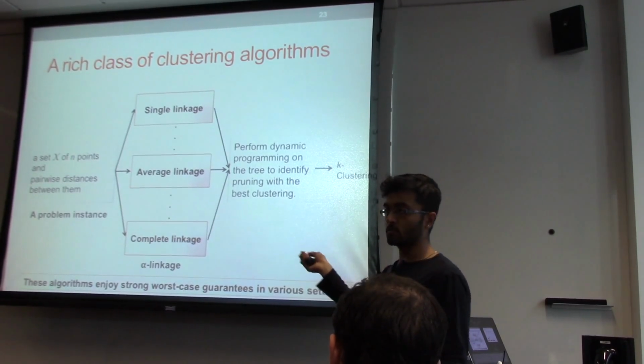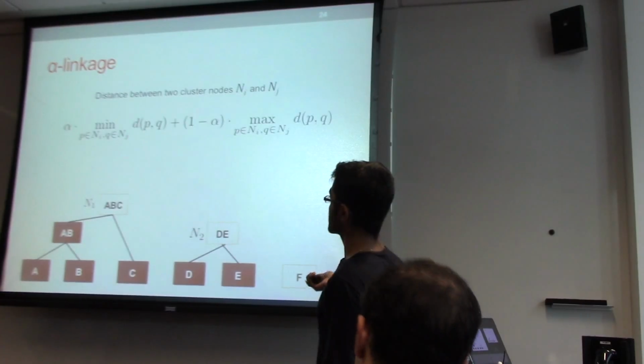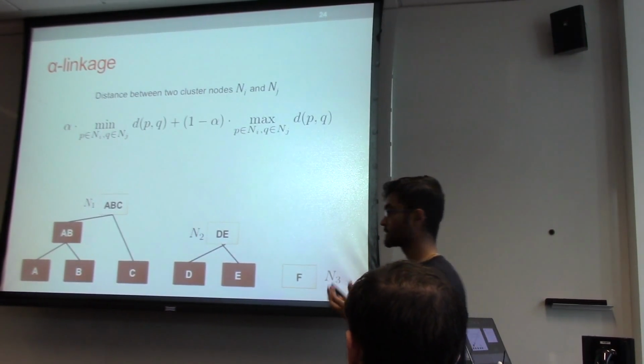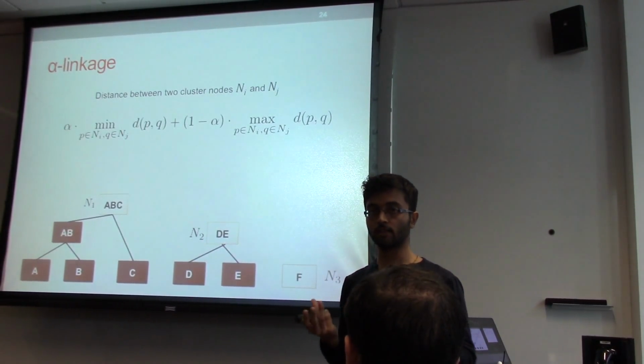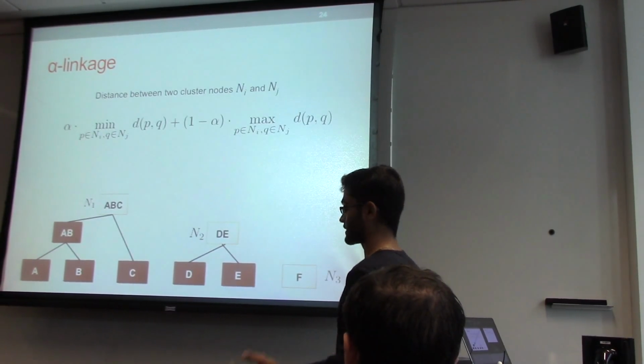So I'm going to define what I mean by alpha linkage exactly, which is an interpolation between all of these. First, I'll define a simple notion of alpha linkage. Recall that alpha linkage is basically a distance between two clusters, based on which I'm going to build the merge tree, the cluster tree.